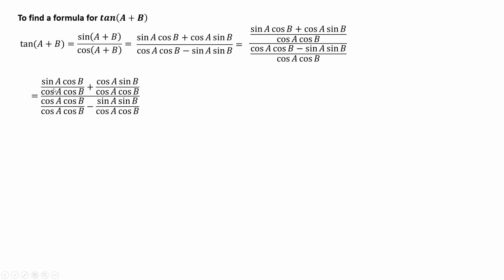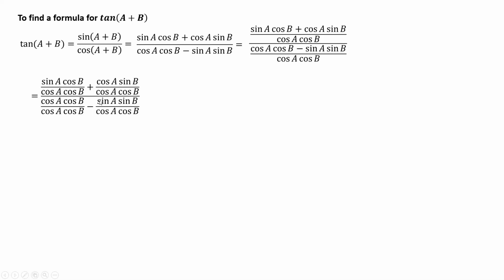So what would I end up with? And then we notice, hey, wait, I can cancel the cosine B's. Similarly, I can cancel the cosine A's here. And over here, whoa, both. So cosine A cosine B over cosine A cosine B, that's just 1.